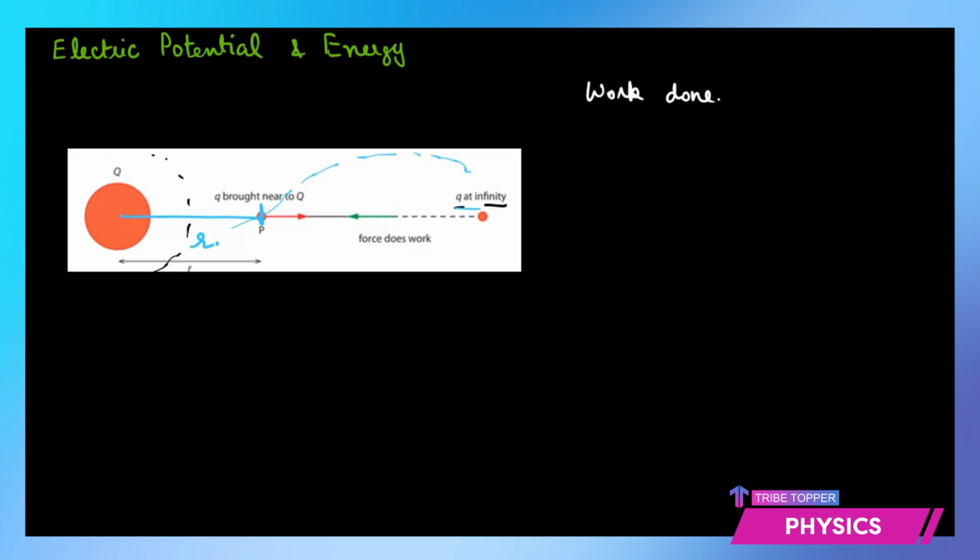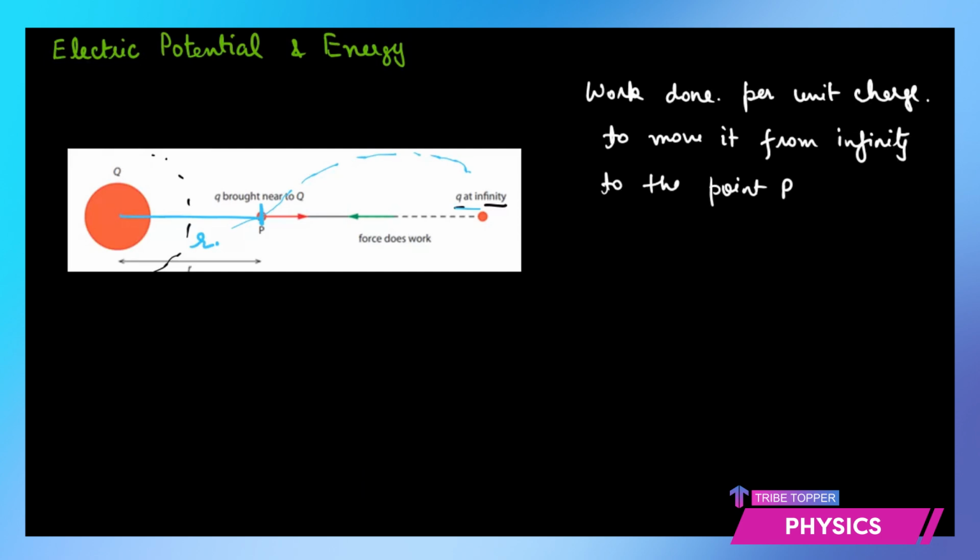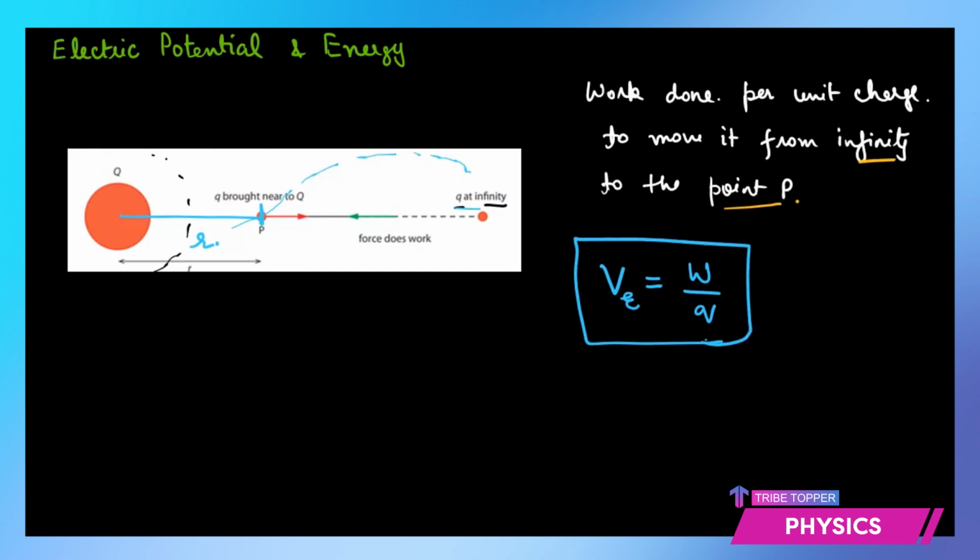So we'll say work done per unit charge to move it from infinity to the point P. So mathematically we'll write it as V_E, the electric potential, because V_G we used to denote the gravitational potential. So here we'll say V_E is equal to the work done per unit charge. So that is electric potential.